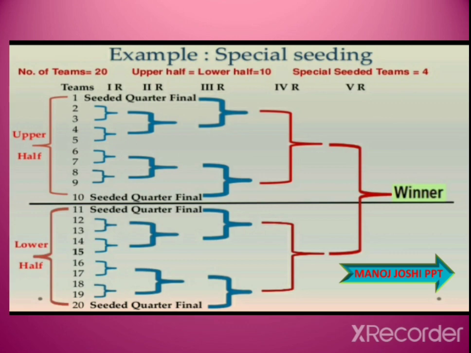So in this example, we will see the teams qualified for the quarter-final. This fixture is of 20 teams, and we have done special seeding of 4 teams.